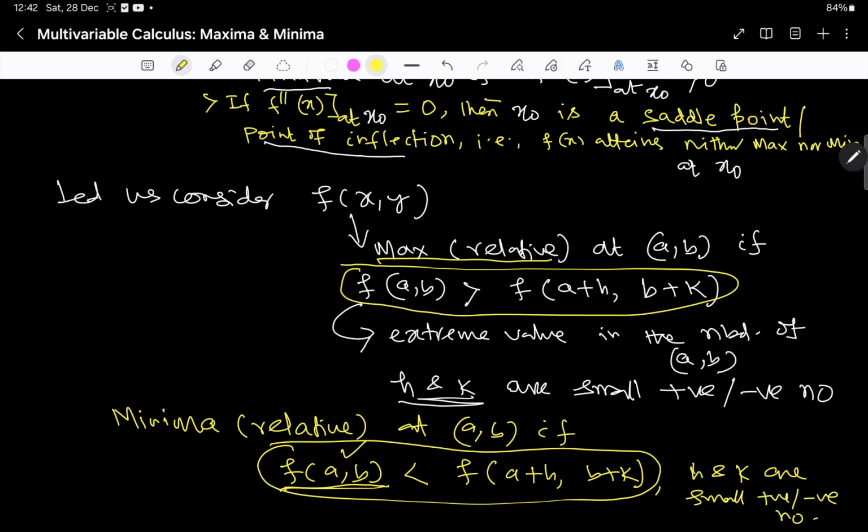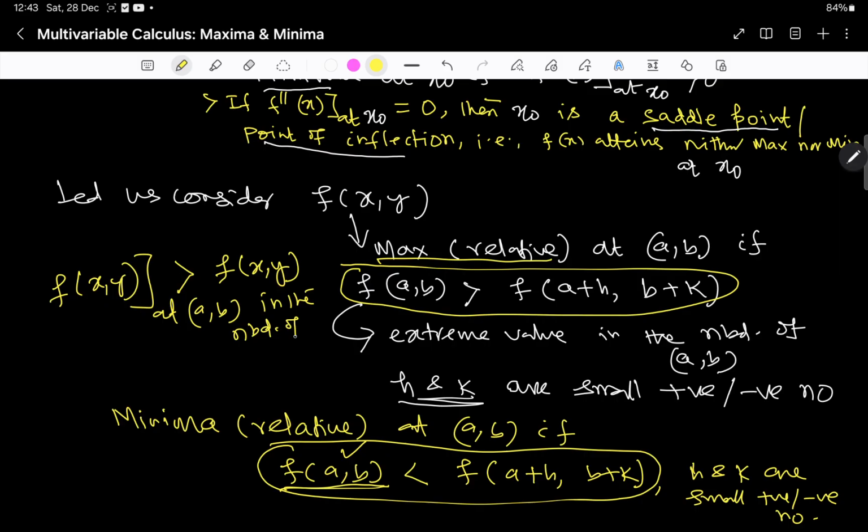F attains the maximum value means f(x,y) at (a,b) is larger than any value of f(x,y) in the neighborhood of (a,b).